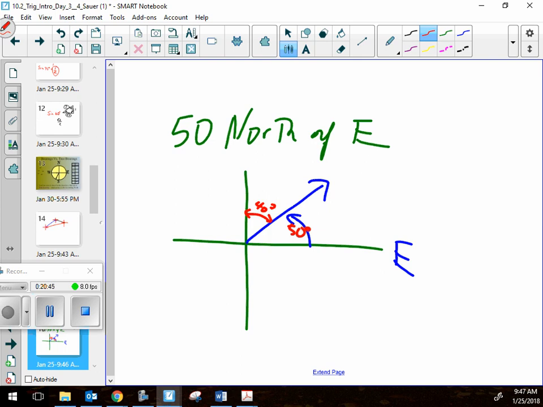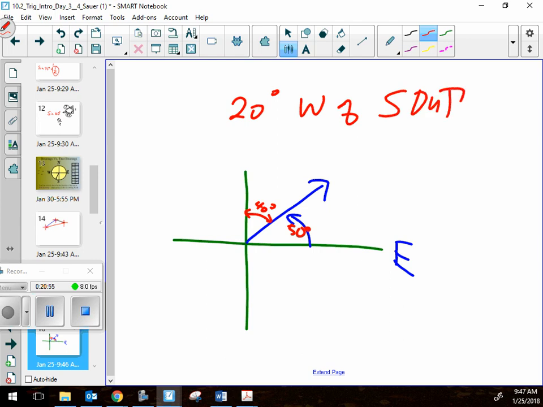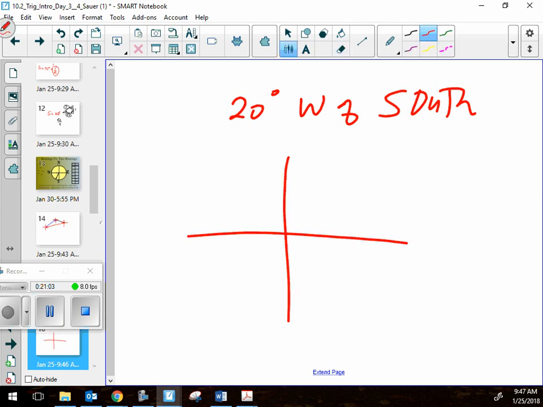All right. What if I said 20 degrees west of south? I want you to draw one of these compass roses and try to figure out where that is, and then what that would be in true bearings.